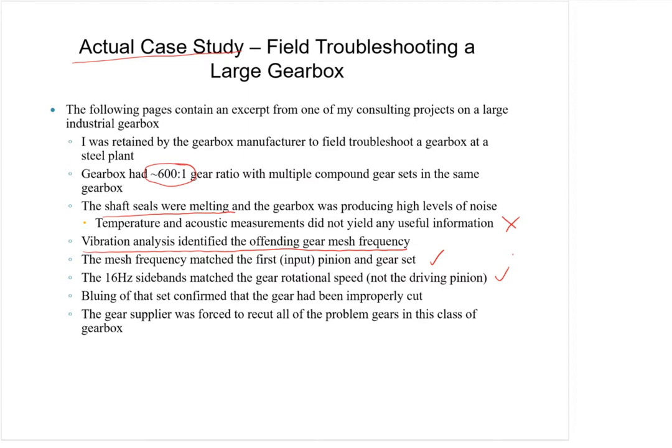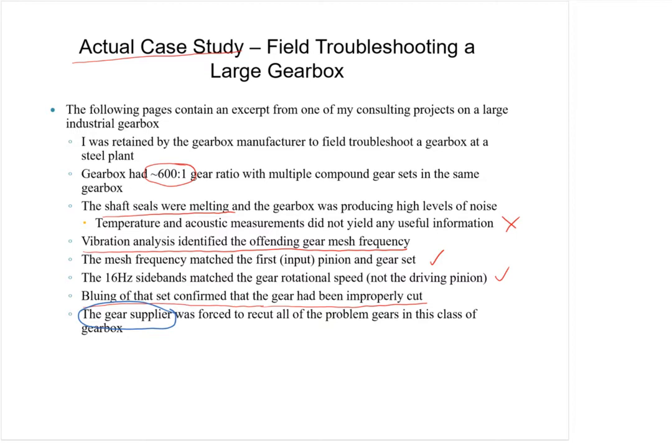Based on the vibration analysis, I had them blue the shaft, put layout blue, and it turned out that it did not have proper contact. And the gear supplier, let me pick a different color here. The gear supplier to the gearbox manufacturer had sworn up and down that there was nothing wrong with their gears, and it had to have been misalignment of their gearbox or their tolerancing.